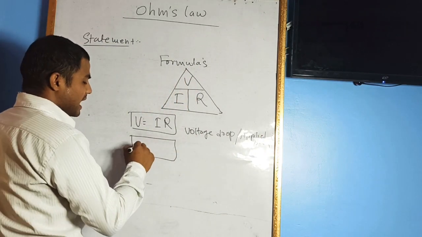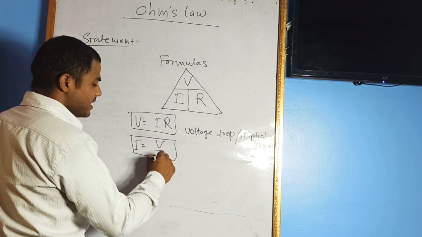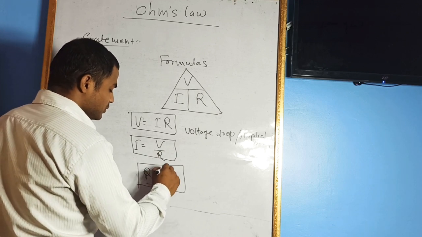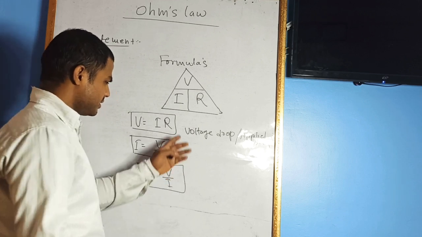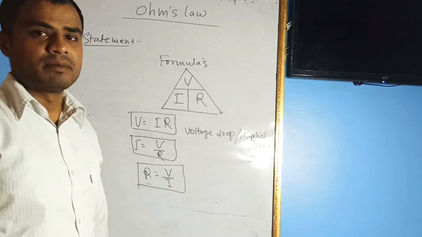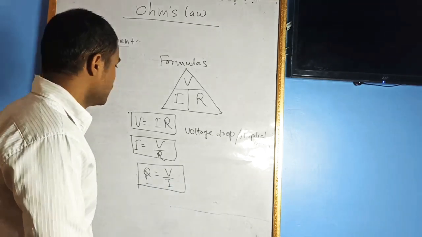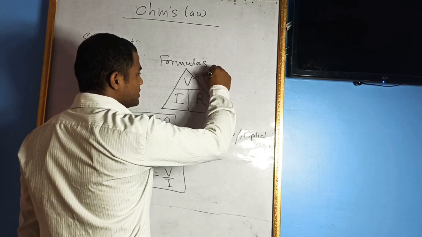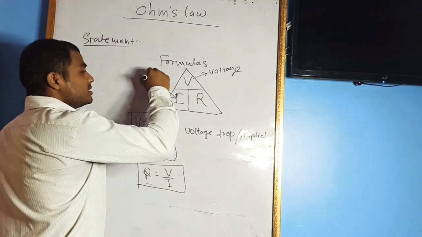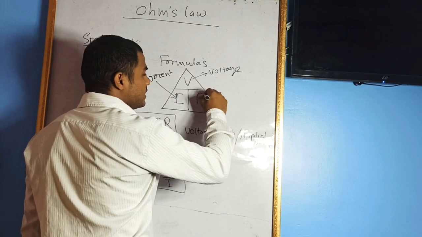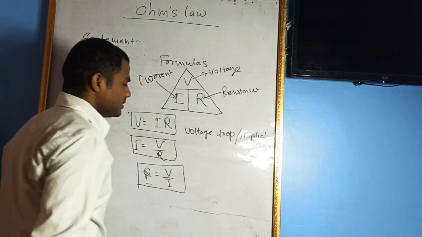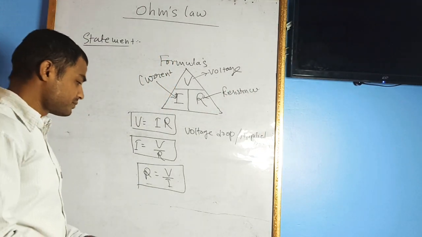And in the other case, I equal to V by R, and the third formula, R equal to V by I. Different formulas are used to determine different electrical parameters. Here V is voltage, I is current and R is resistance.